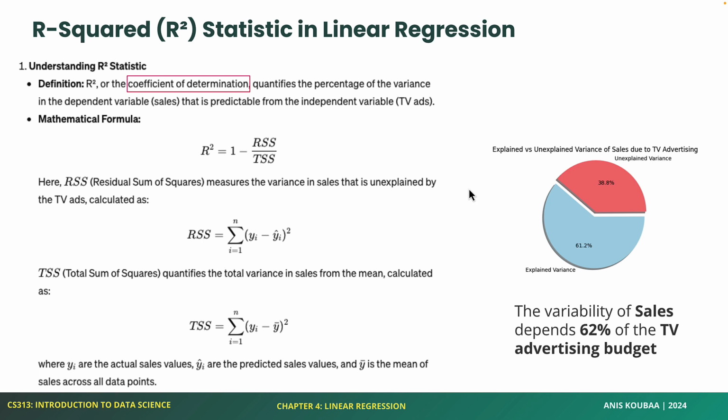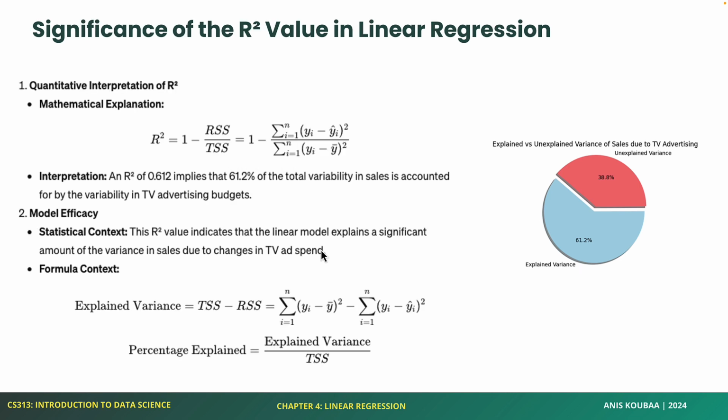In our case we find it's 61%, so we can say that the sales depend on the television budget at a level of 62%. This is how we can interpret it. And this is the full expression: 1 minus the sum of residuals divided by the sum of the observed value minus the average.